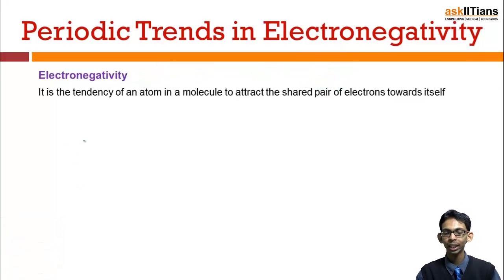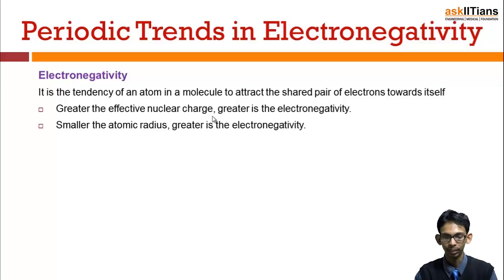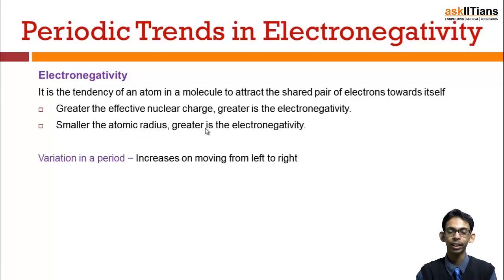Now we know electronegativity is the tendency of an atom in a molecule to attract shared pairs of electrons toward itself, and it depends on the effective nuclear charge. The greater the effective nuclear charge, the greater the electronegativity, which in turn depends on size. Smaller atoms will have a greater tendency to attract the shared pairs of electrons toward themselves. So the smaller the atomic radius, the greater the electronegativity.